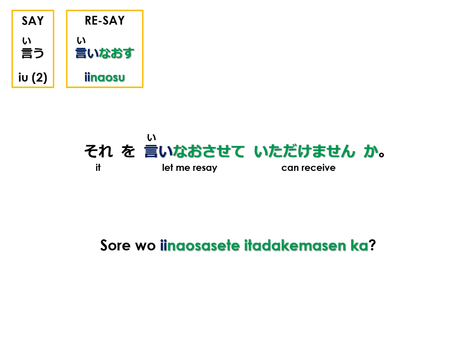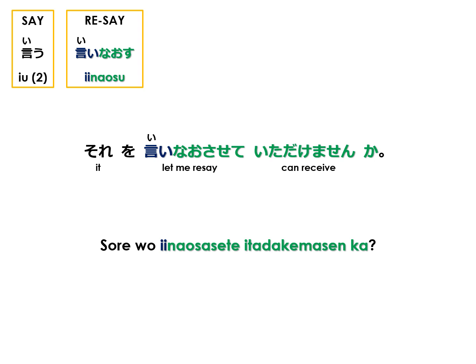Our next example has a very long explanation, and you'll see why. To say is iu, and iinaosu means to re-say or say again. And our sentence, それをいい直させていただけませんか? Again, we've got several conjugations combined in this one sentence.